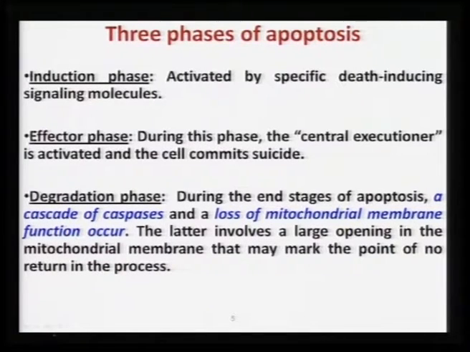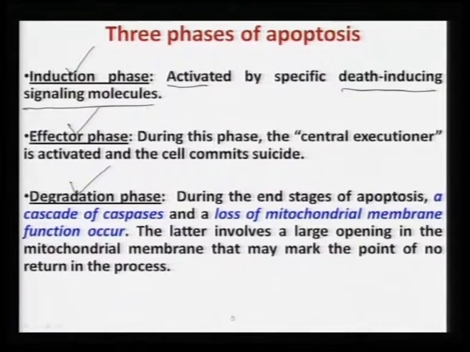Now, there are 3 phases of apoptosis. One is the induction phase, the second is the effector phase, and the third is the degradation phase. The induction phase is activated by certain death inducing signaling molecules. As I said earlier, for every cell fate process you require some sort of intracellular signaling process. We are not getting into details of these molecules, but we are discussing the mechanisms here.